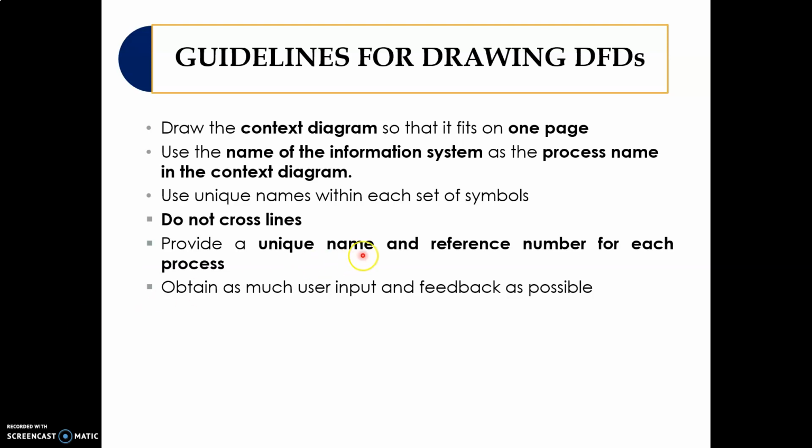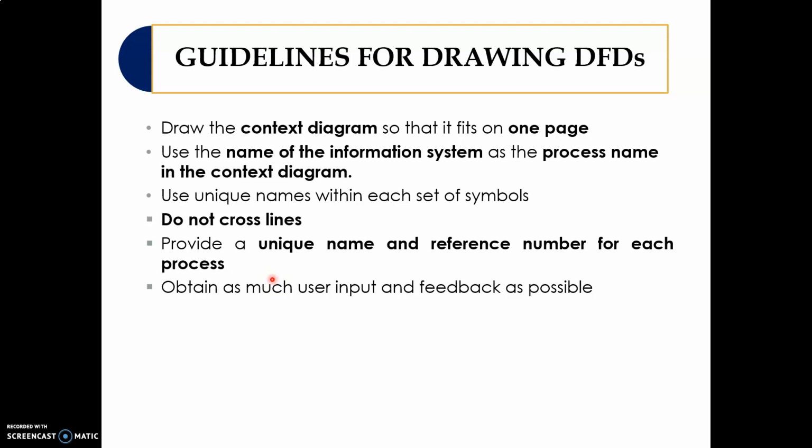So for a process in a lower level DFD, you need to use a verb followed by a descriptive noun, such as establish gradebook, assign final grade, or produce grade report. And the next one is do not cross lines, meaning that restrict the number of symbols in any DFD.